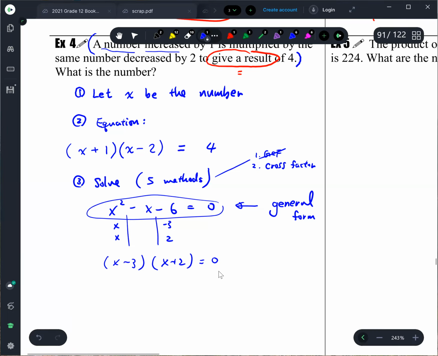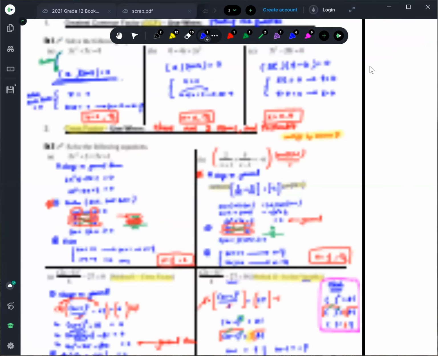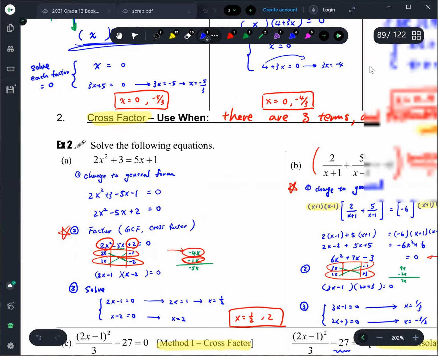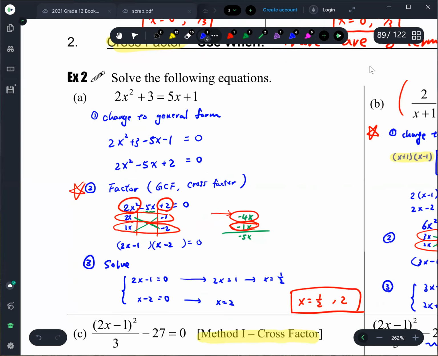Okay, so after you factor, you need to solve each bracket equal to 0. Let me remind you how we did it before. If you look at question 2a, you have first bracket 2x minus 1, second bracket x minus 2.